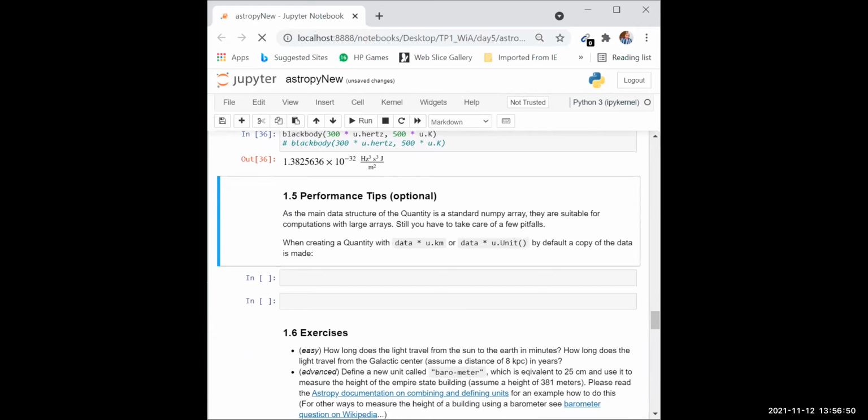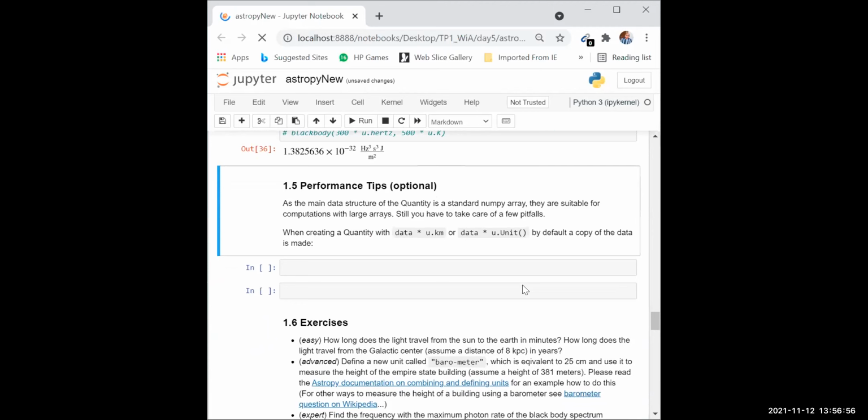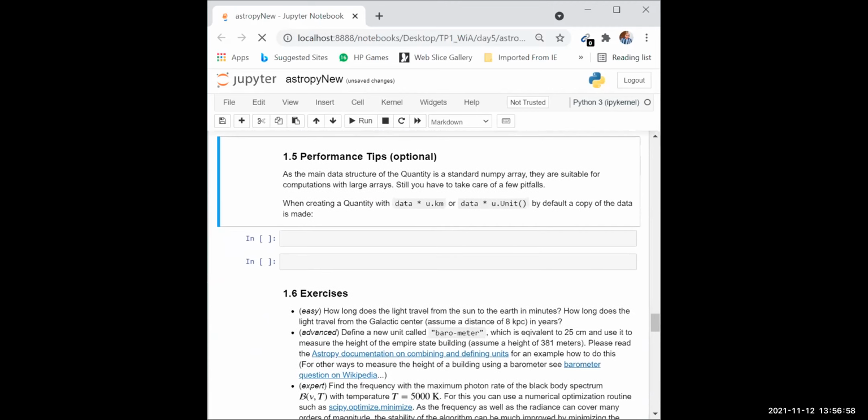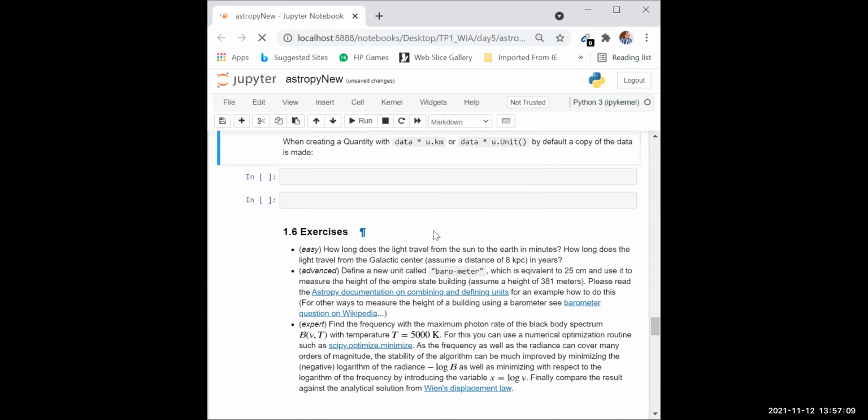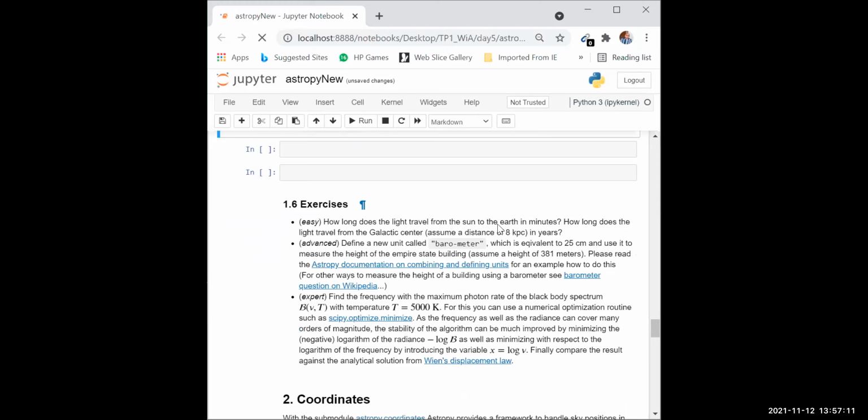Okay, so this is something very basic, the basics of units, and let's move on to the next aspect. There are certain exercises here. I will not go through this performance tips option here.